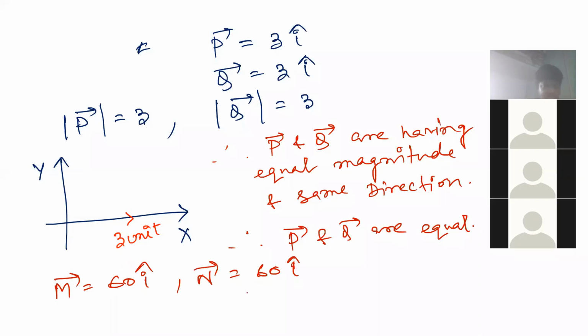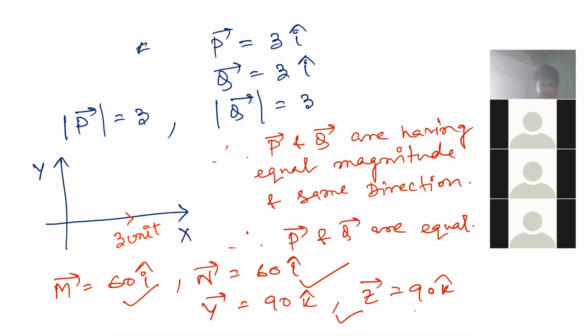These two vectors are also equal vectors. Suppose y vector equals 90 k cap and z vector equals 90 k cap. These two vectors are also equal vectors, right? Because they both have same magnitude and same direction.